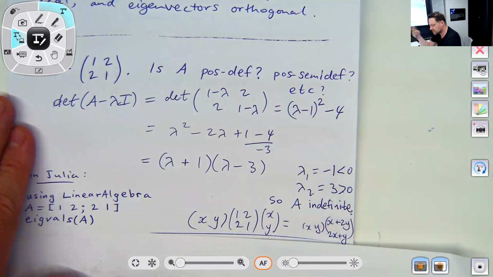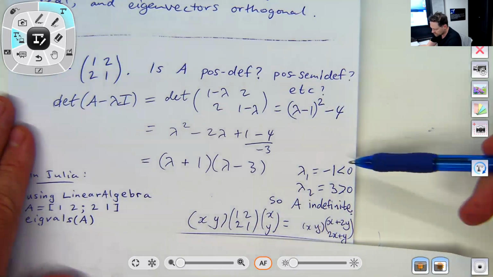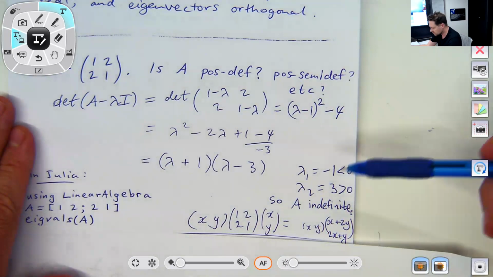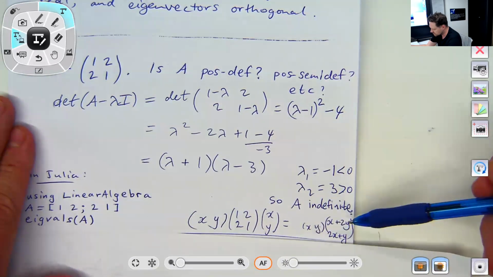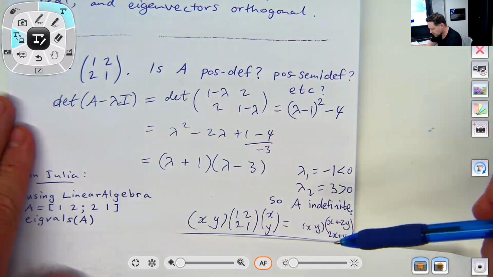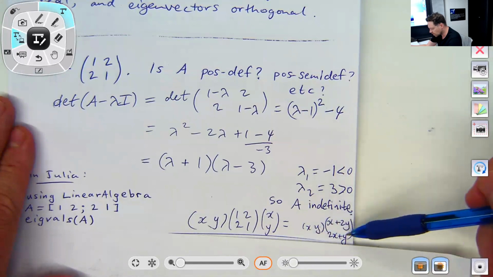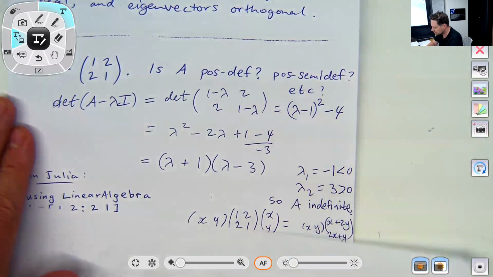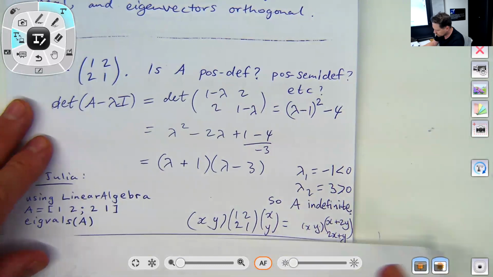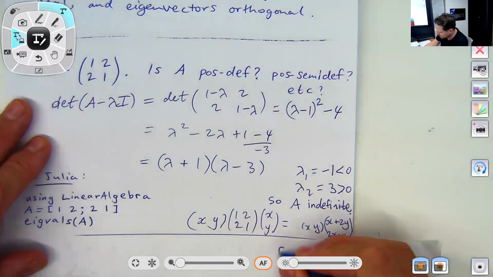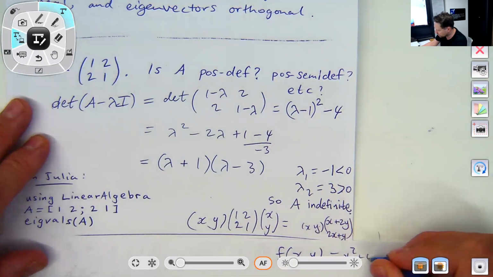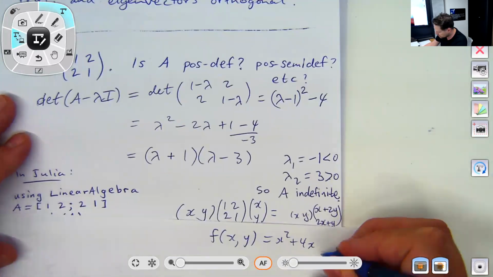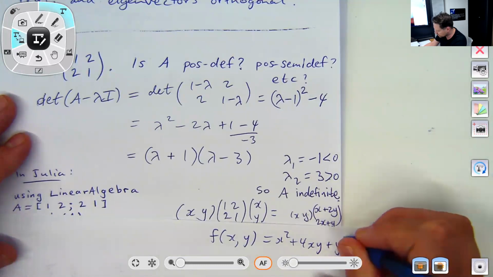So we can see sort of what this might mean, that we've got two different signs of eigenvalues. Multiplying this out, we get X squared plus 2XY, and then plus 2XY again, and then plus Y squared. In other words, we've got f(X, Y) equals X squared plus 4XY plus Y squared.